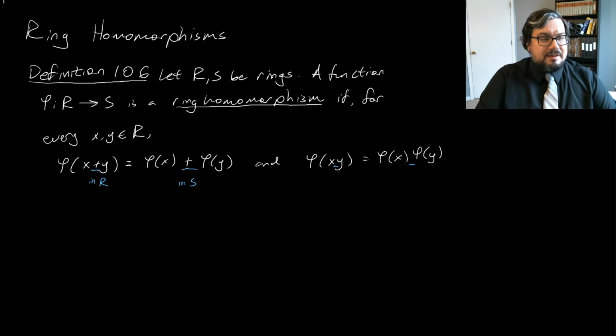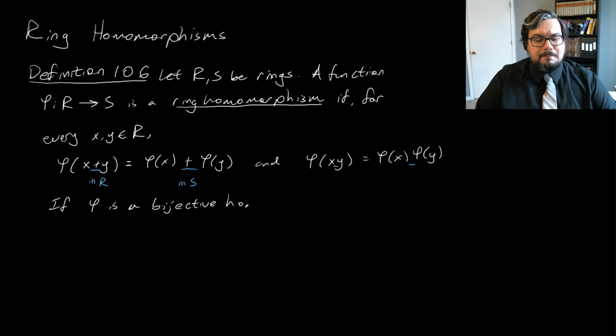Now, continuing this definition, we have that if phi is a bijective ring homomorphism, then phi is called a ring isomorphism.